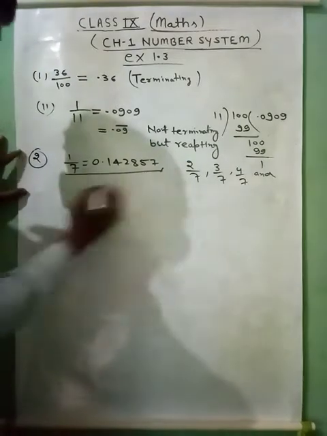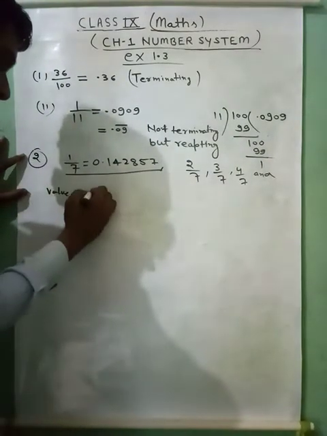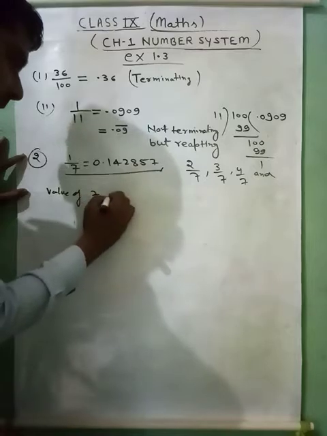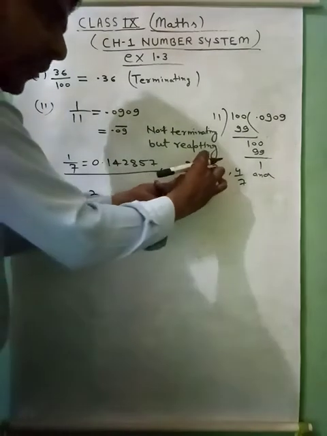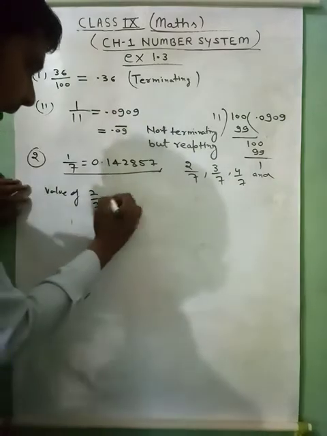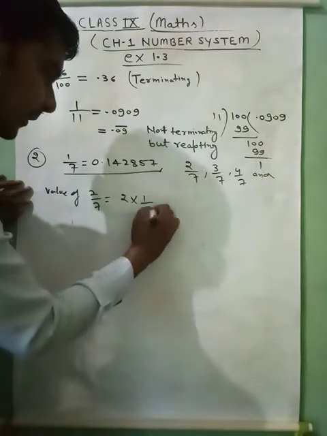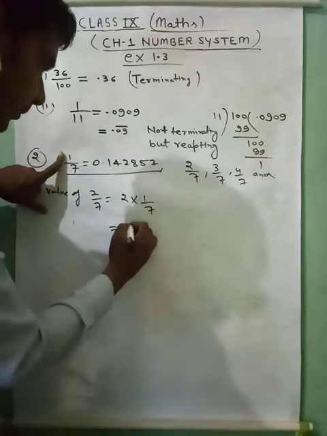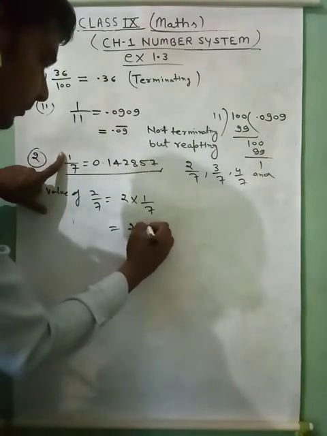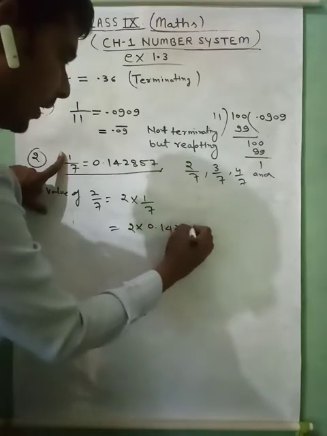So the value of 2 by 7: it's saying that using this you have to find the value of 2 by 7. So we can write 2 by 7 as 2 into 1 by 7, and the value of 1 by 7 is given, 0.142857.